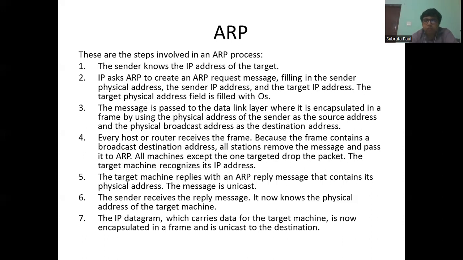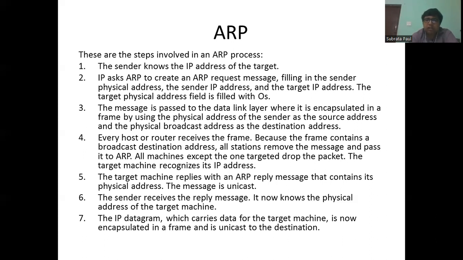It is broadcasted to the entire network, as we do not know who the host is here, which one is the destination machine. We only know the IP address of the destination machine, so it is broadcasted. The frame contains the broadcast destination address.